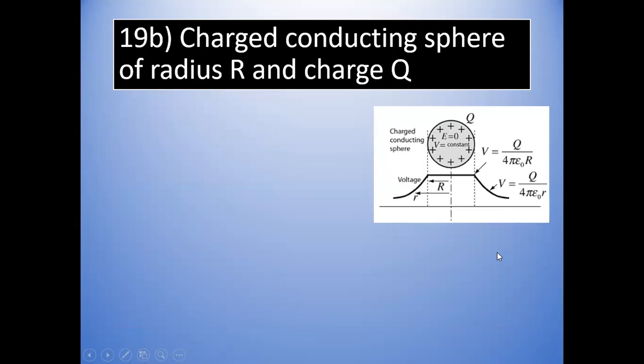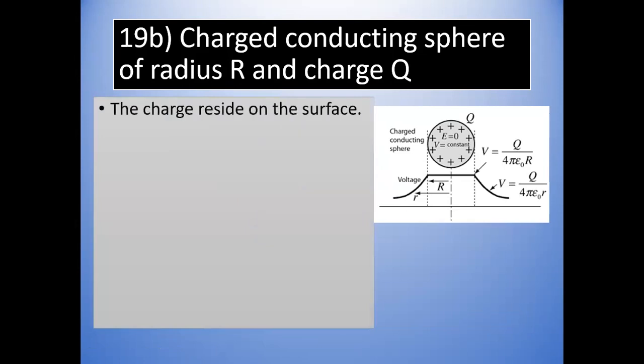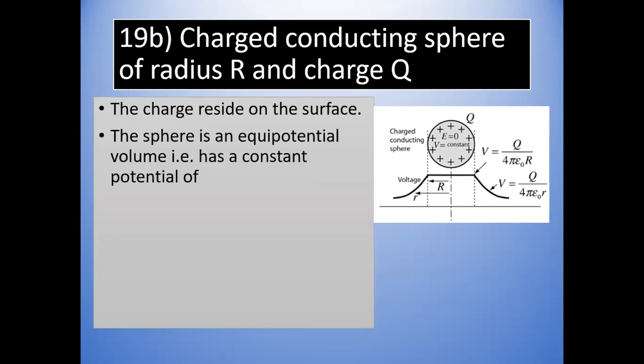So how does the graph look like? Charged conducting sphere of radius r. The radius of the conducting sphere is r. The charge on the sphere is q. Remember, we said the charge is on the surface of the sphere. Inside there is 0 electric field. Charges reside on the surface because that is where they can be as far as possible from each other.